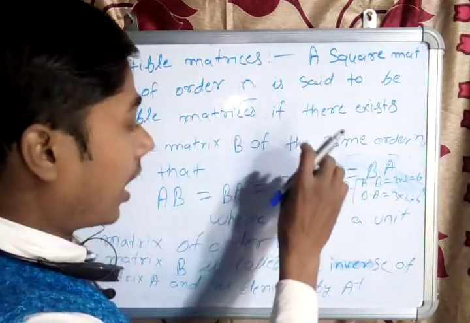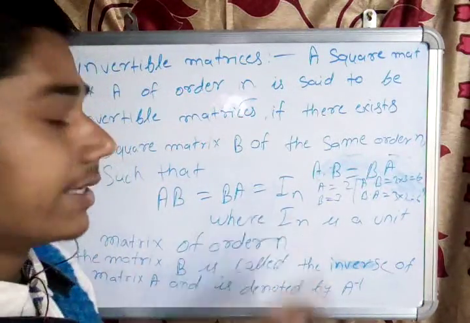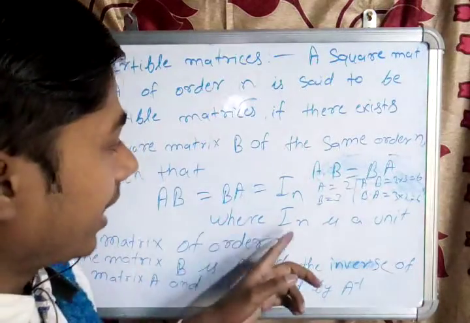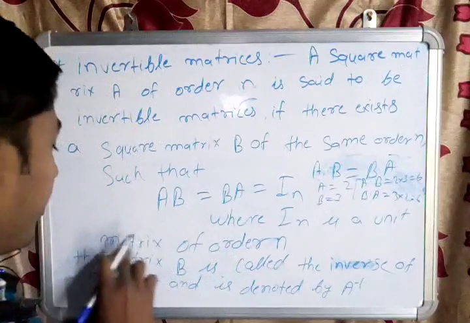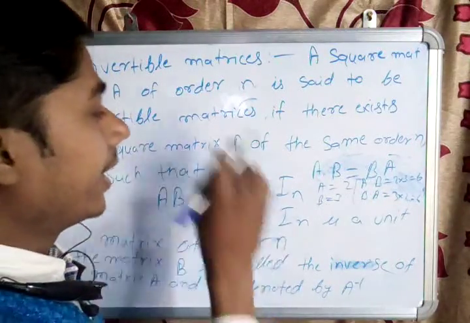Then the product A dot B is equal to B A is equal to I n, where I n is a unit matrix of order n.